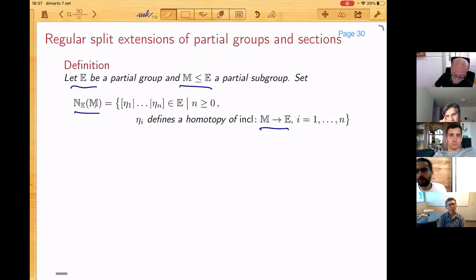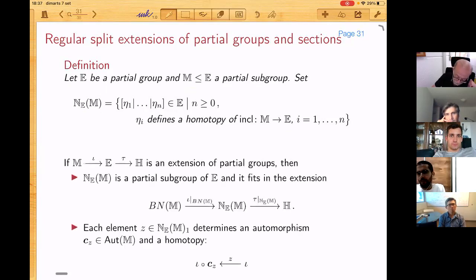Homotopy of the inclusion. So in fact, what this is doing is defining conjugation by such an element that is defined on the partial subgroup, but perhaps not in the whole partial group E, right?